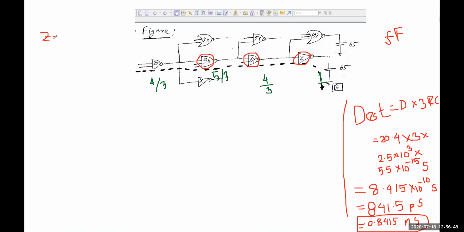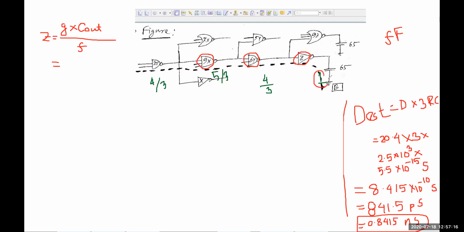Whatever is inside, 1Z, 2Z, 3Z, you have to write here. Here you have only 1Z, that's why I have written 1Z. The formula will be G into C out divided by small f. What is the value of G of this one?